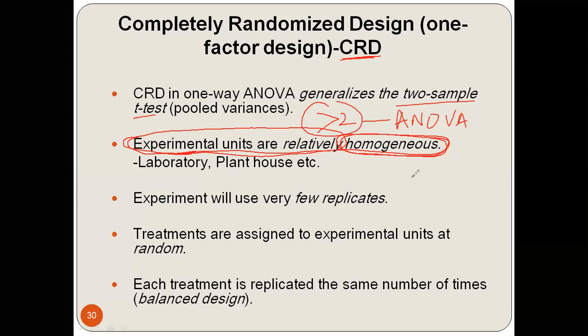Therefore, we cannot do these experiments in the land. Let's say location A and location B on the land. This location has a different fertility, etc., compared to location B. So these 2 locations are having different conditions. So this is the heterogeneity condition.